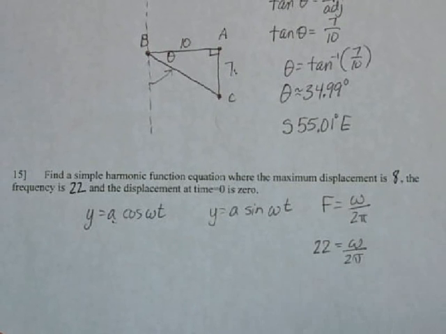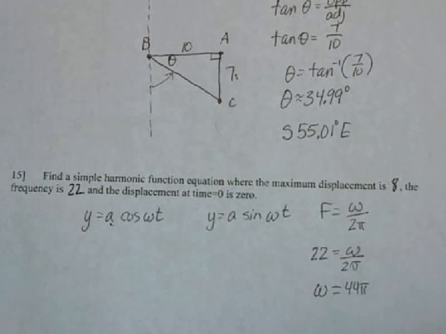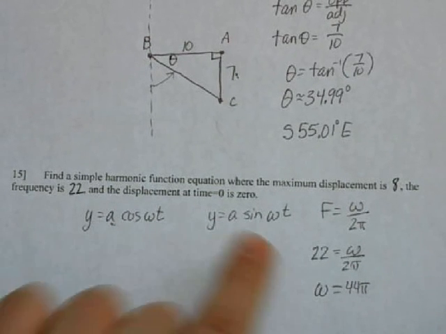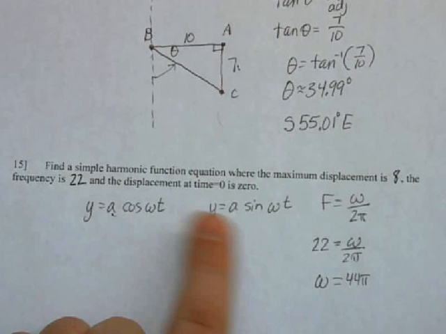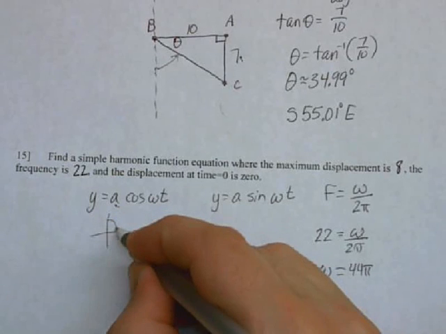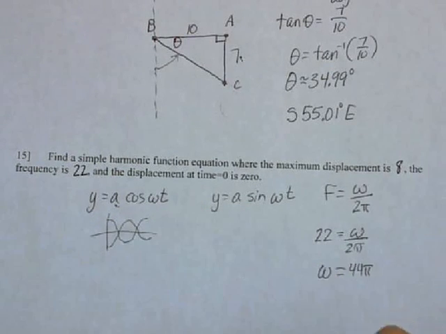So multiplying both sides by 2 pi, omega is 44 pi. So we have A, we have omega. Now we just have to determine which one we're going to use. Well, I know cosine will either start above or below the axis, depending on whether A is positive or negative.